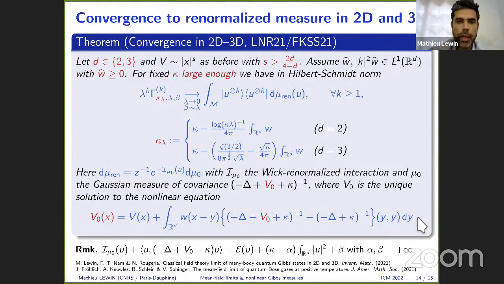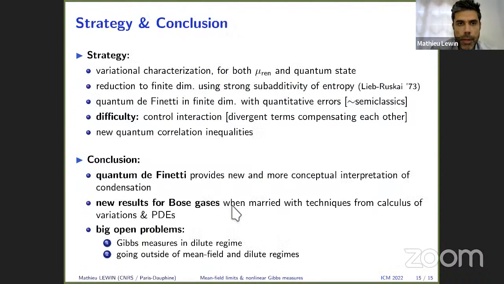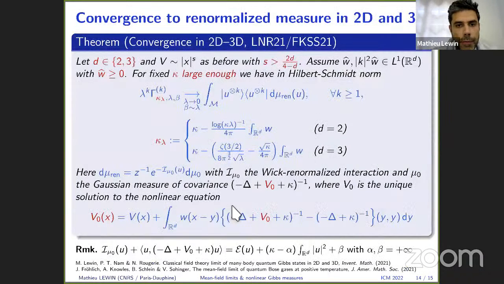We get a renormalized nonlinear Gibbs measure in the end. However, it has to be written in a way that everything makes sense, and the way to write it is in terms of this potential V0. And why do you need this V0? That's because you want the new energy, so the energy with V0 and the renormalized interaction, to be related to the old energy.